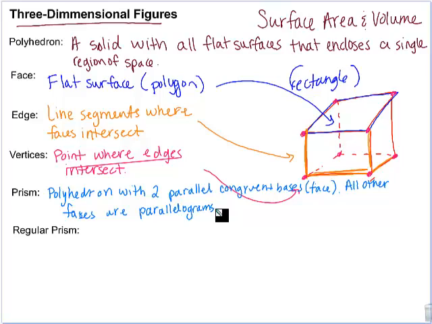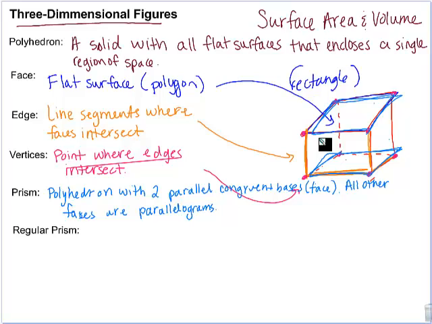So for example, the diagram that we drew could be a prism. There would be our bottom base and our top base. Those are parallel to one another. They are congruent to one another. And then all the other sides here, those are all parallelograms.